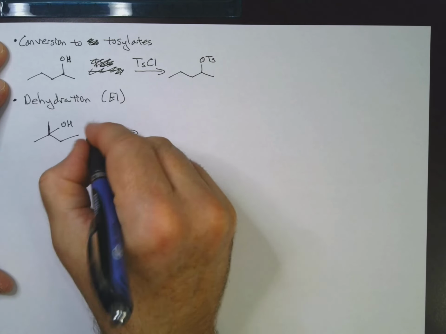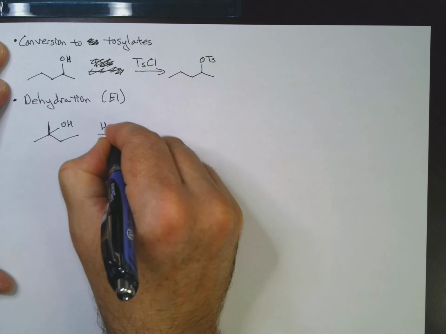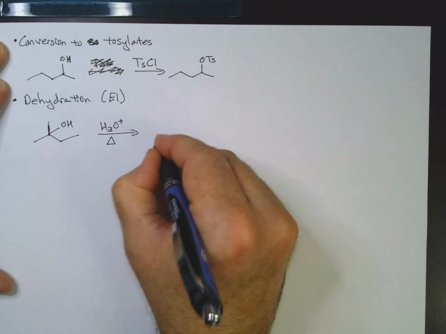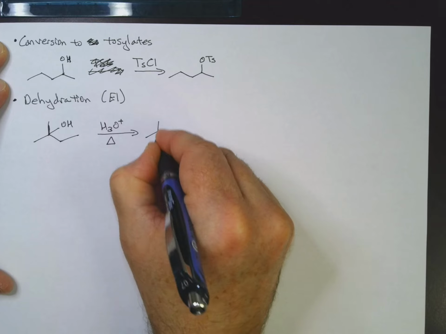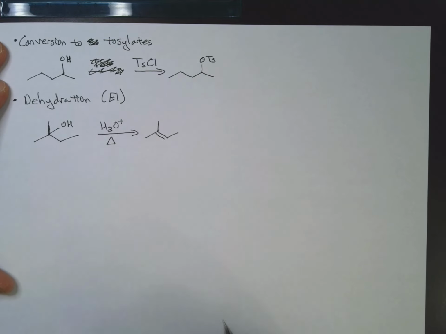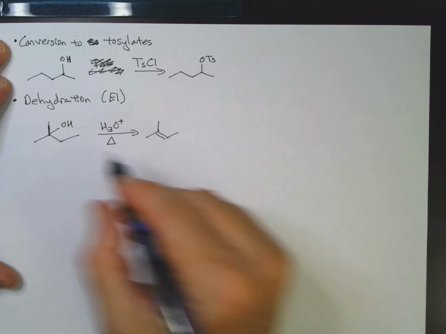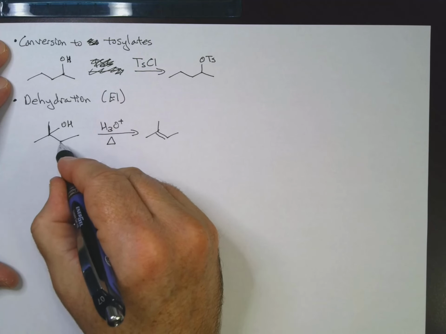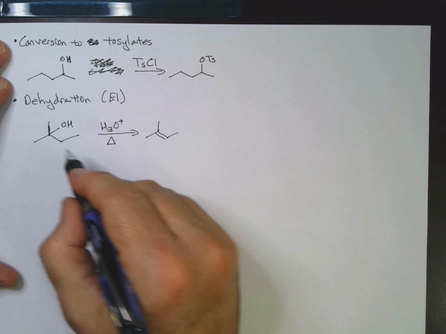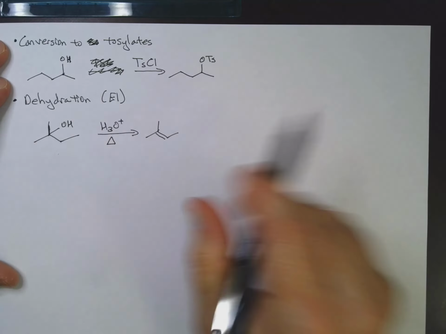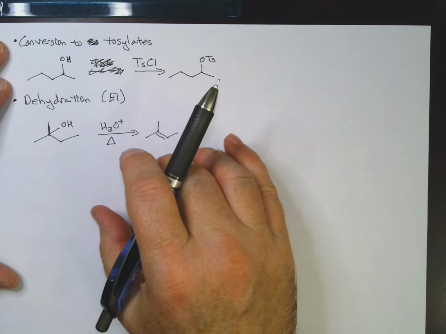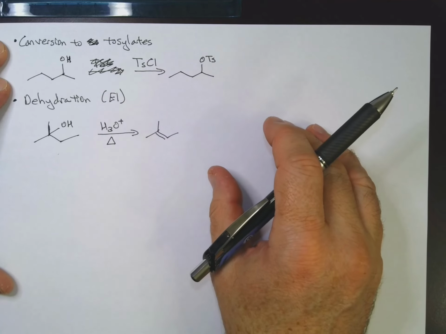And so we can use H3O plus and heat. You can use it with secondary alcohols, although it is prone to rearrangement. So if I had an OH here instead, I'd potentially end up getting the same product. But you do have to watch out for this as well.